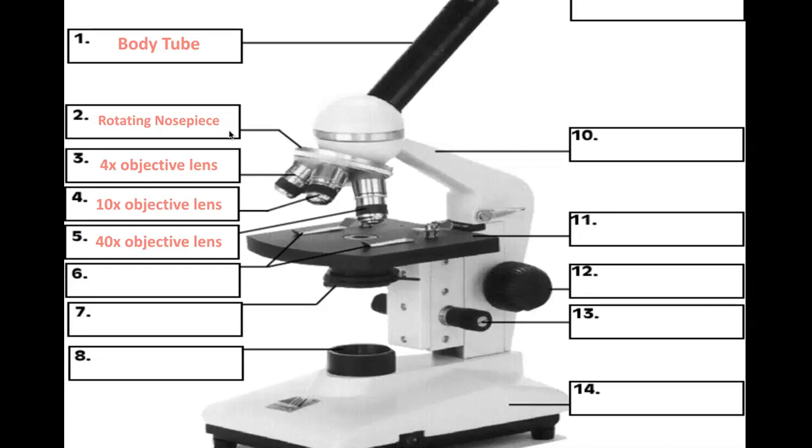I do not believe any of them that we have here on campus have the 100x objective lens. That is a special type of lens where we use what is called oil immersion, where we put a small drop of oil underneath the lens in order to further focus light. So 4x objective lens, 10x objective lens, 40x objective lens.